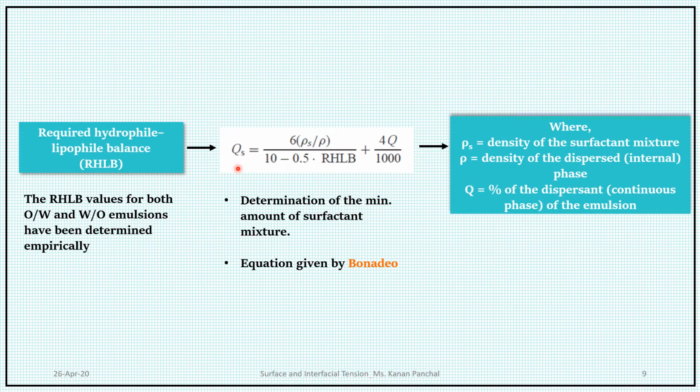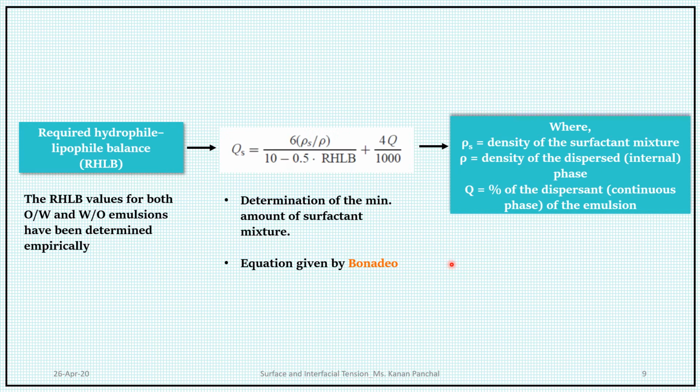Now here QS is nothing but the amount of surfactant required in a mixture. Rho S and rho: here rho S indicates the density of the surfactant in a mixture. It is not the density of a single surfactant. If you have N surfactants, rho S is the summation over all the N surfactants, the total density. Now rho is the density of the dispersed phase.